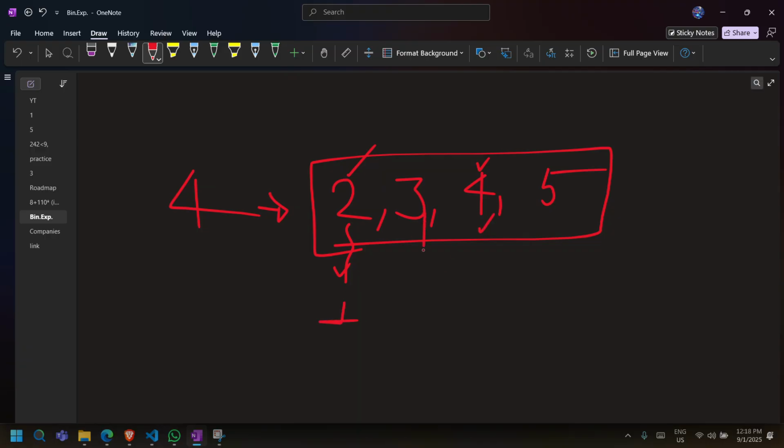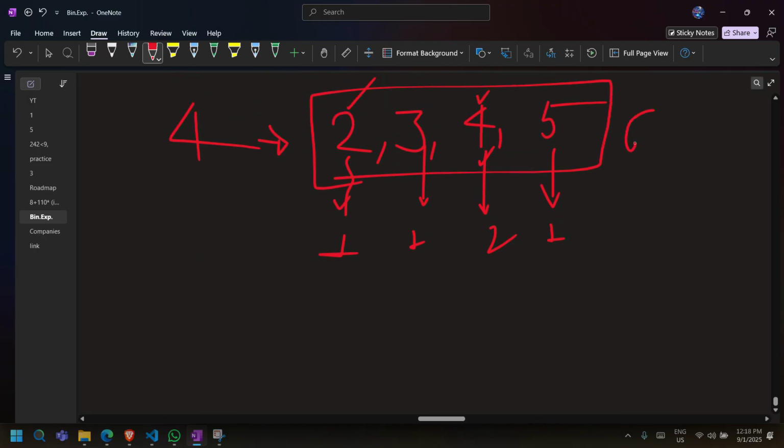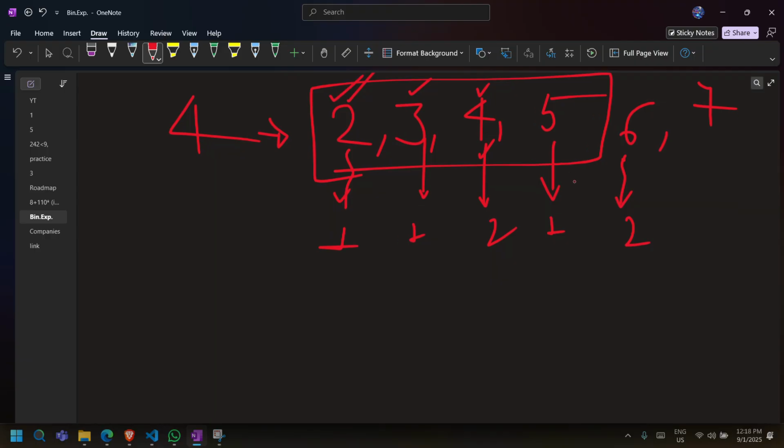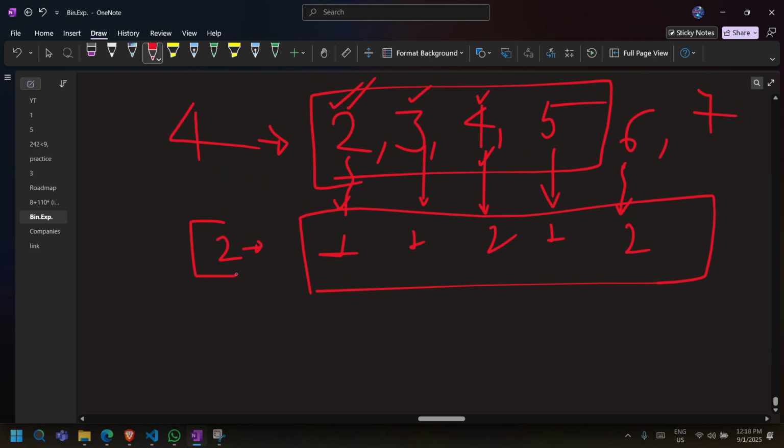So you give here 1, 1, you have to give 2, you have to give 1. And let's suppose here it is 6, 7. So you can't give 6 the color 1, because 3 is a prime divisor of 6 and 2 is also a prime divisor of 6, right? So in this case, you need a minimum of two colors.